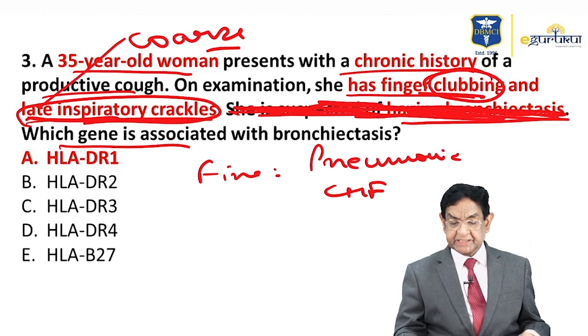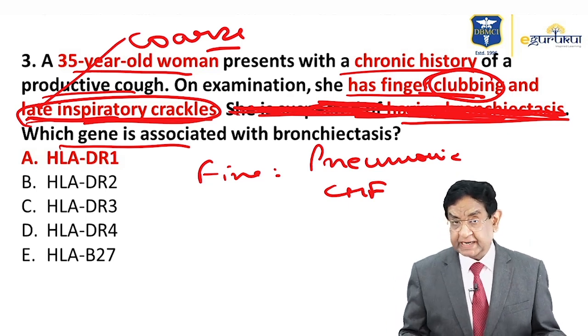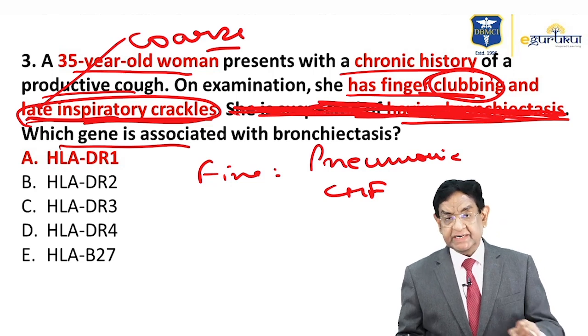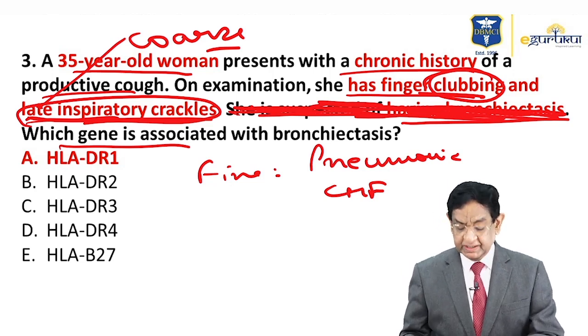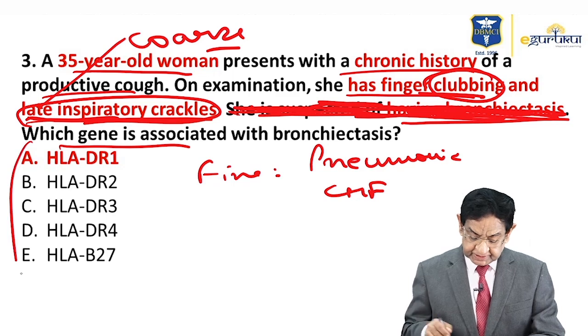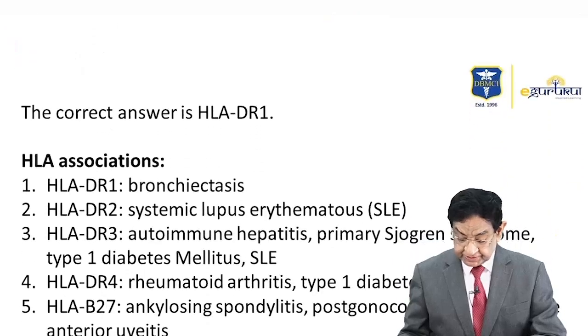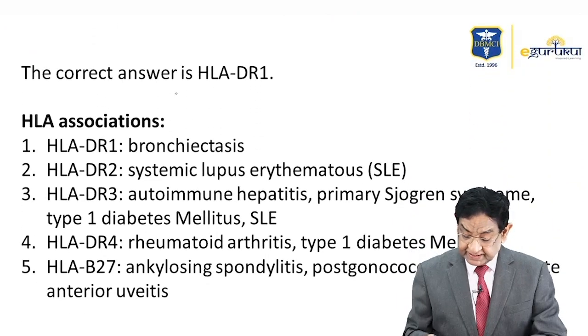But this late inspiratory coarse crackle is seen in bronchiectasis. So now let us see which genes are involved. It's a very important question. This is not related to bronchiectasis, but it's a question related to HLA. So friends, the answer is HLA-DR1.